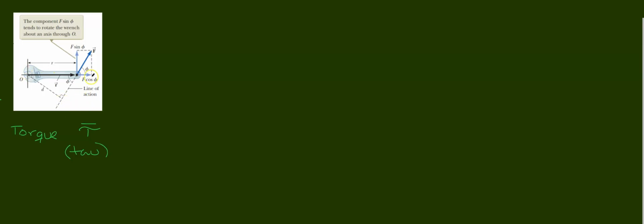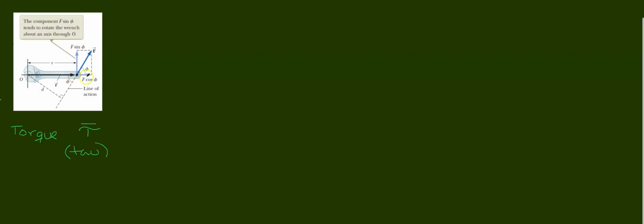So we have the wrench, right? And we have a force F here at an angle phi. So let's first consider this situation. You see, this force can be decomposed into a component parallel to the radius, this vector r, which goes from the pivot to the point of application of the force.